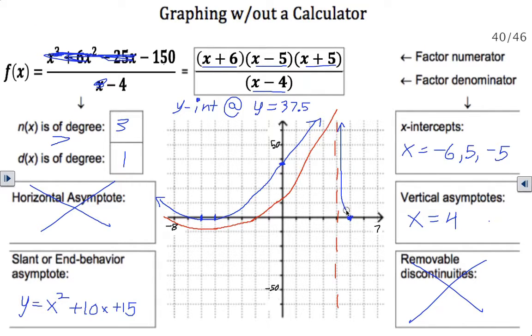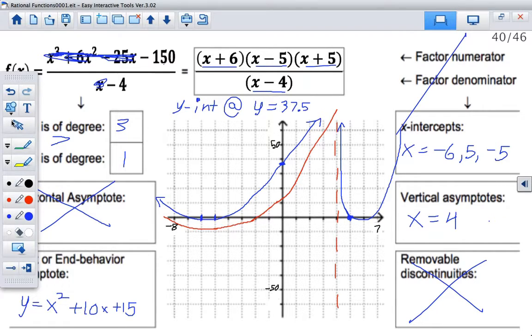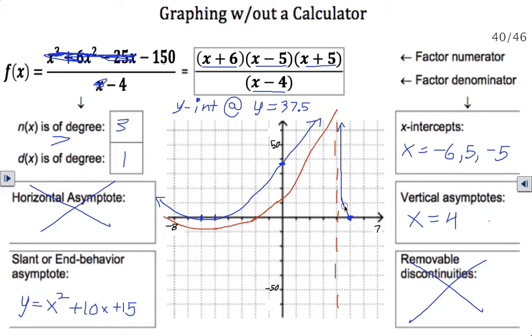So your graph may look something like this. Whoa, that's crazy. Let me fix that. All right. So most likely what the graph looks like is something like that. Kind of crazy.